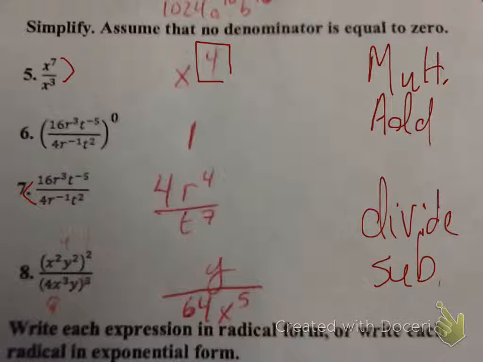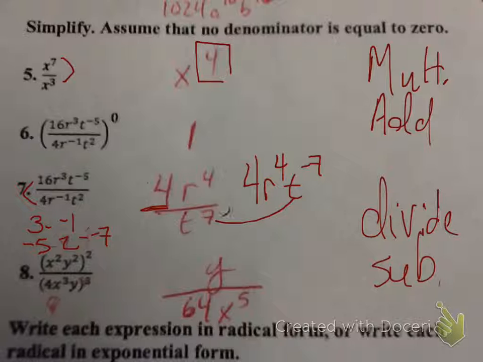Divide the big numbers. 16 divided by 4 is 4. 3 minus a negative 1 gives me r to the 4th. And negative 5 minus 2 gives me a negative 7. So originally this one looked like 4 r to the 4th t to the negative 7. But to make it positive, you move it to the bottom, and there you go.